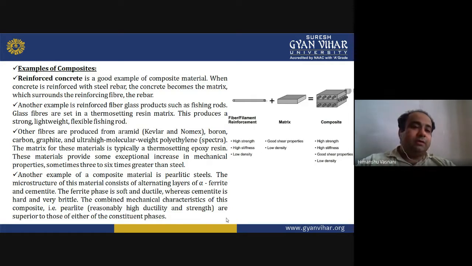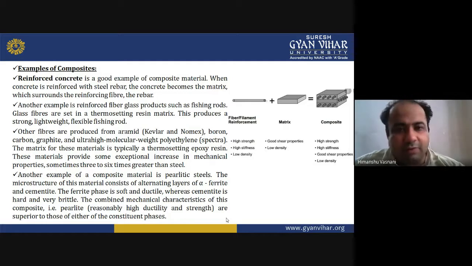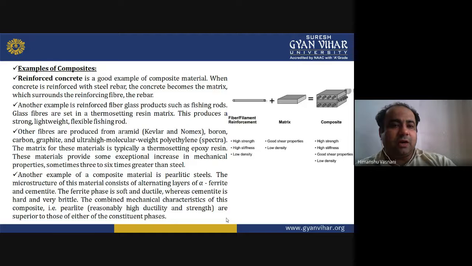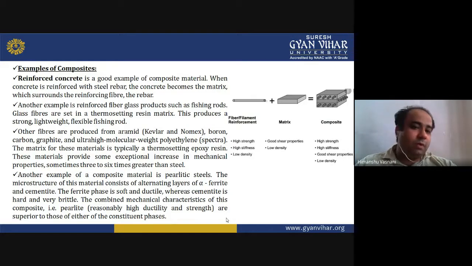When I talk about reinforced concrete, it is a very good example of a composite material. When concrete is reinforced with steel rebar, the concrete becomes the matrix which surrounds the reinforcing fiber, the rebar.